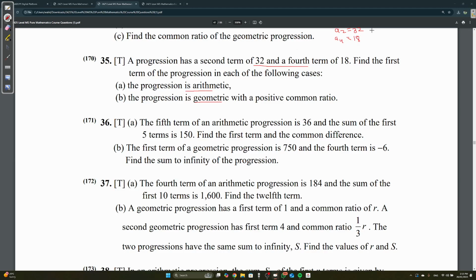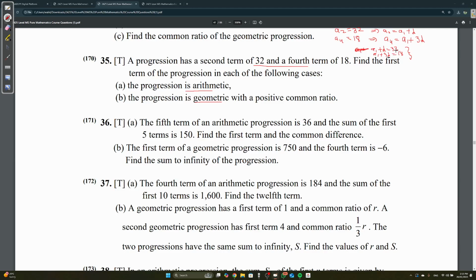So we know a2 is equal to a1 plus n minus 1 times d, so 2 minus 1 d, which is just d. And a4 is equal to a1 plus 4 minus 1 times d, so 3d. So a1 plus d is equal to 32, and a1 plus 3d is equal to 18.